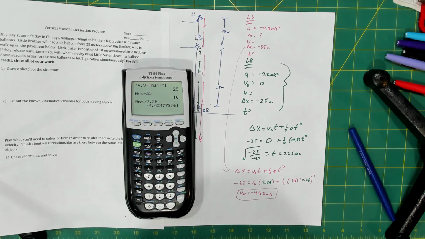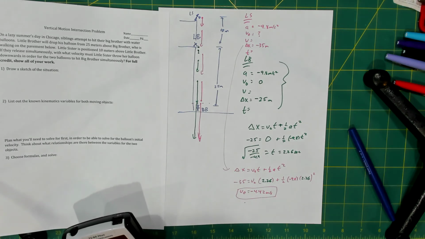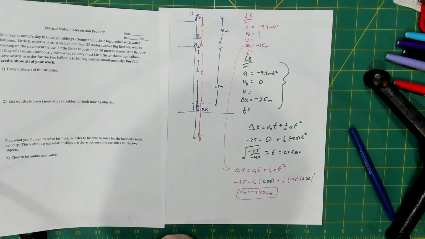All right, and that's it. That wasn't so bad. That seems pretty straightforward. The way that we gave you the variables there, that was not a bad setup. Yeah. So that's a vertical intersection problem.